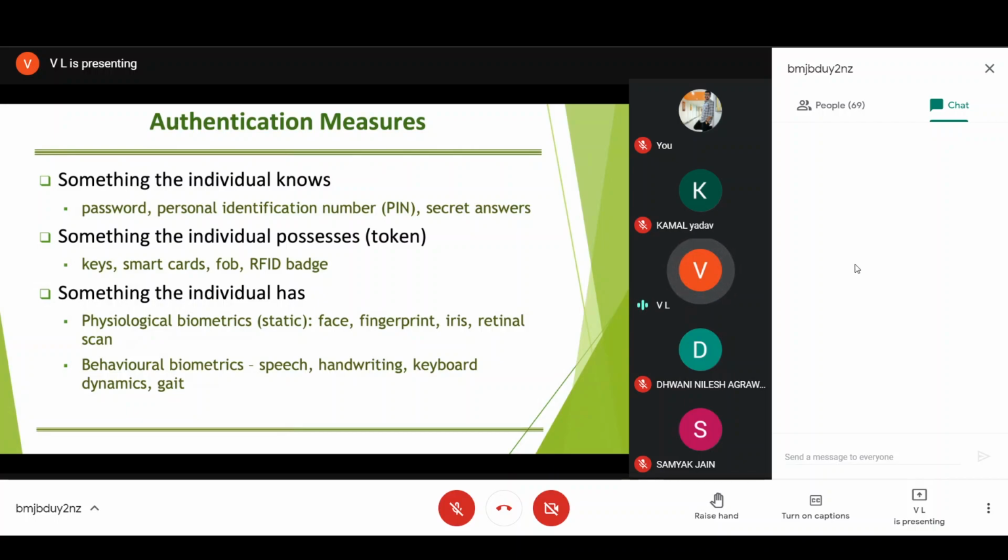So naturally, the secret answer is dependent upon the time when you answer that question. So after passage of time, we tend to forget what exactly was the secret answer. So the same problem arises. In fact, in case of passwords, because they're using it more frequently, they are not likely to forget it. But the problem with the password is that for different systems, we have different passwords. So remembering so many passwords can actually create a problem.